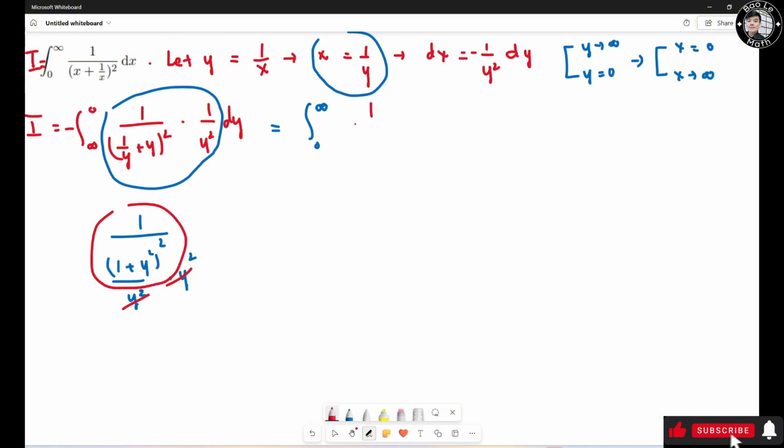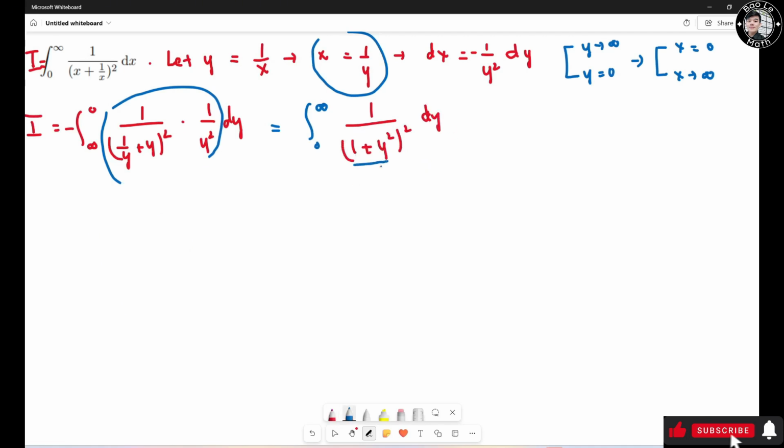So it could be 1 over 1 plus y square all together square dy, right? Now this guy suggests a trigonometric substitution, right? So I'm gonna let y be tangent theta, right? So then dy equals secant square theta d theta, right?